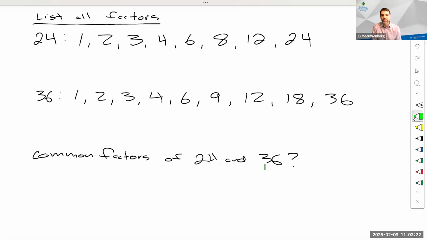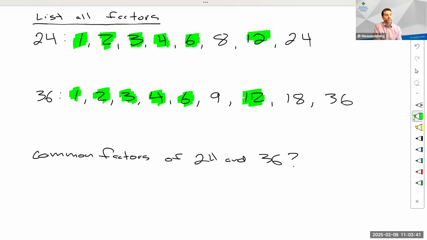So what do you notice that appear in both lists? Well, 1 appears in both lists. 2 appears in both lists. So does 3. So does 4. So does 6. And so does 12. Both numbers have some other factors that they don't share in common, but those are all the ones that they do have in common.